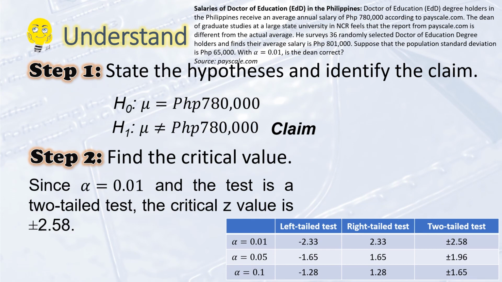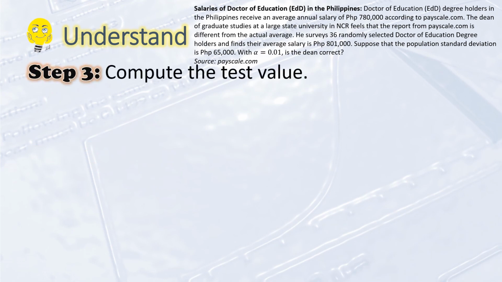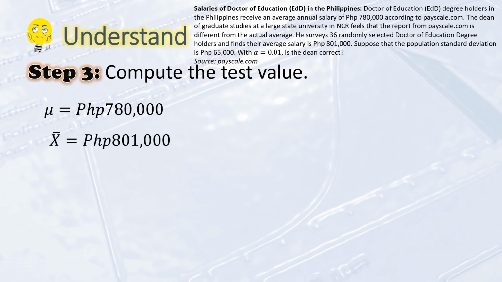Next step, we compute for the test value. From the given information, we have mu is equal to 780,000 pesos. X bar, or the sample mean, is 801,000 pesos. Population standard deviation is 65,000 pesos. And the sample size is 36.